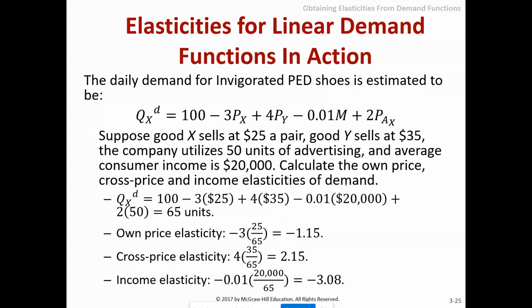Now here's an example. If we have some shoes, the demand function is in a linear format like the following. Suppose X sells at $25 a pair, good Y sells at 35, and the company utilizes 50 units of advertisement.